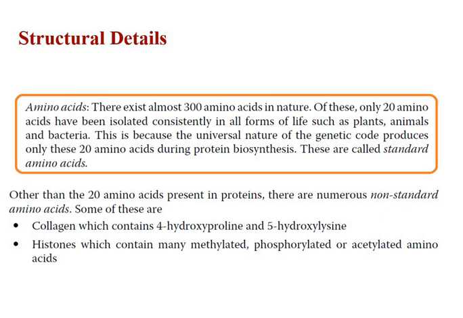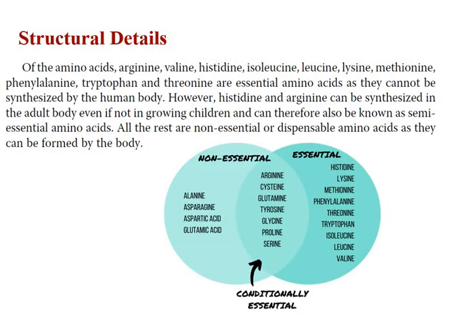This universal nature of the genetic code that needs to be read is basically the underlying truth of having these 20 basic amino acids. They are called standard amino acids. Other than these 20, there are numerous other amino acids which are non-standard amino acids, right? So let us try to understand these 20 amino acids better.